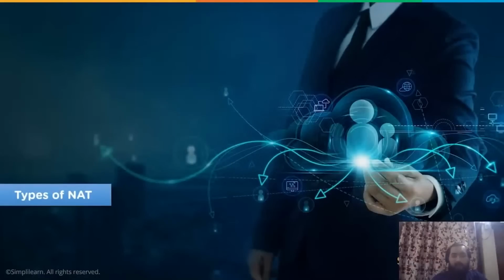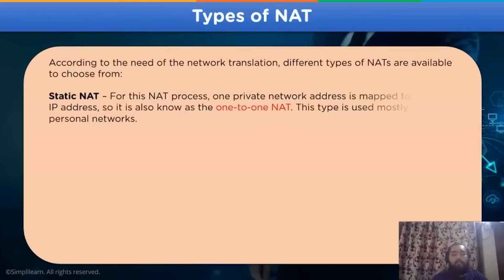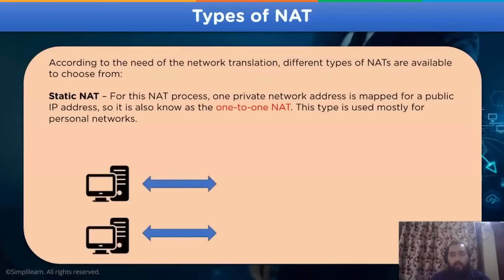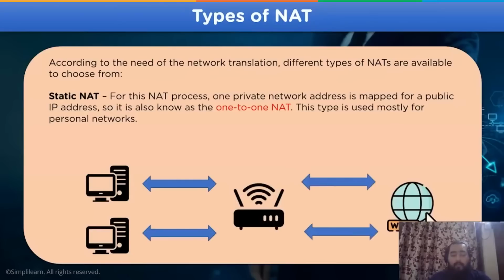Types of NAT. There are different types of NAT available on the internet, but we will discuss three generally used ones, where the first one is known as static NAT. According to the static NAT process, in the given private network, each device will have a particular, single public IP address designated to it.